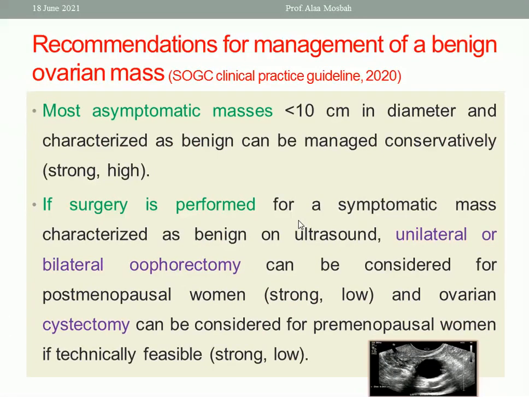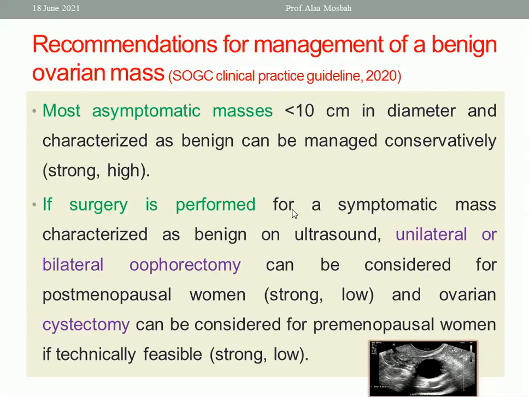Most asymptomatic masses less than 10 centimeters in diameter and characterized as benign can be managed conservatively. If surgery is performed for a symptomatic mass which is benign, unilateral or bilateral oophorectomy can be considered for postmenopausal women, and ovarian cystectomy can be considered for premenopausal women.